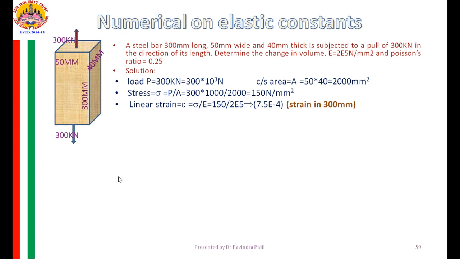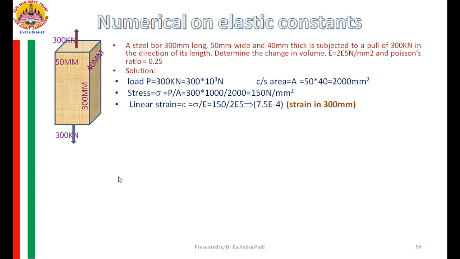Just see the load and decide the area. The resistance is offered by 50 mm by 40 mm. Therefore, the cross-sectional area is 50 mm by 40 mm, that is 2000 mm square.